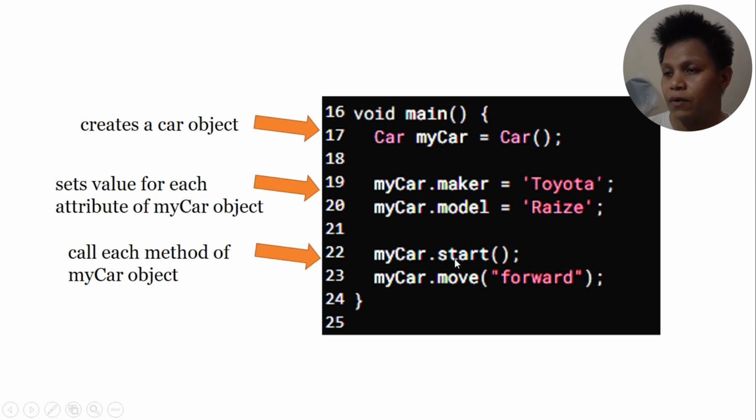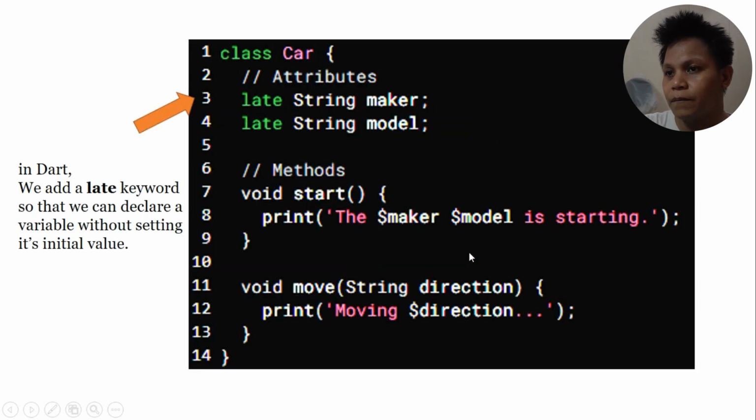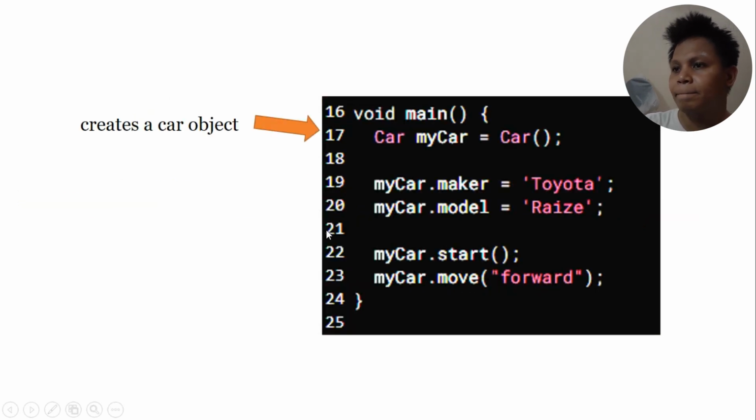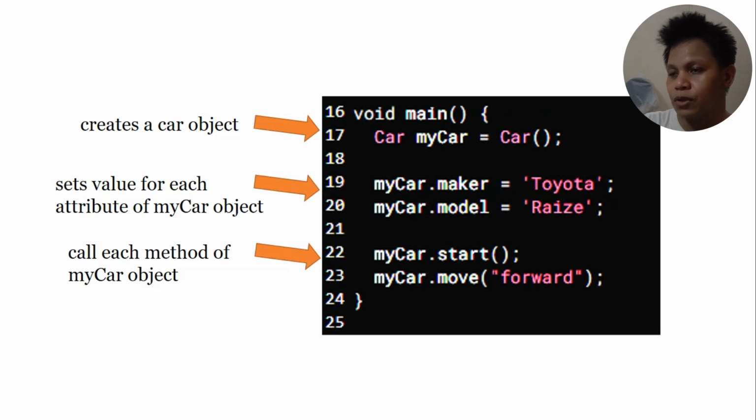So, whatever is the instruction of this function na naka-define sa class natin, it will execute all the instructions there. Going back, ito. Okay? Once tinawag natin yung start na method, it will just simply execute this line 8 lang. And then, same also with the move na function or method.